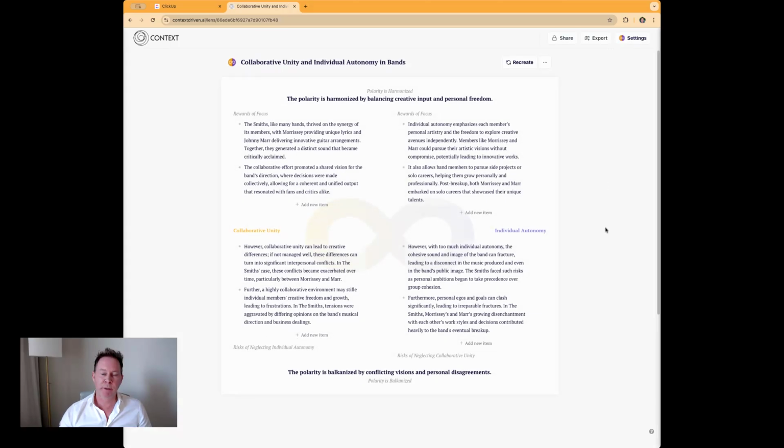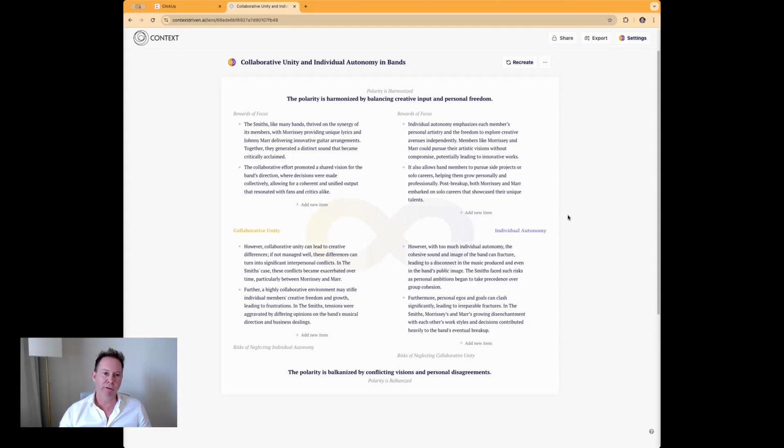Here it's picking the polarity between the group and the individual, collaborative unity and individual autonomy. It's saying the positive parts of the collaboration are up here, and the positive parts of the individual autonomy are here. But here are the parts that, if we ignore the opposite pole, are the risks we get. If we ignore collaboration, these are the risks we get.